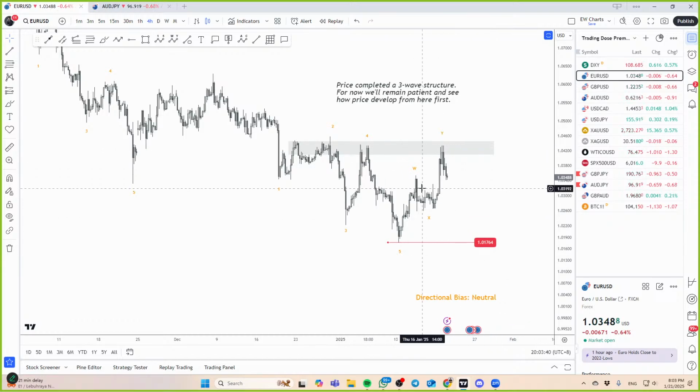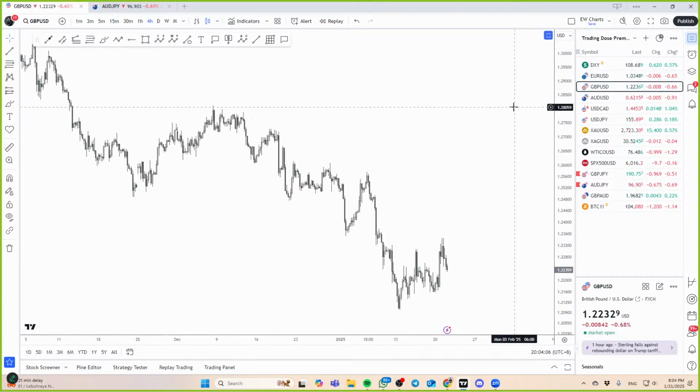Now I'm neutral. I don't think it's a good idea to be selling this. Short term, yes, that is possible, but as I mentioned, I'm a little cautious on dollar-related instruments because of Trump. So overall, we'll just leave this one aside for now.